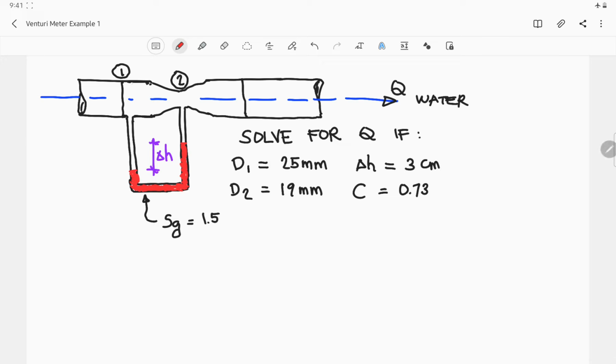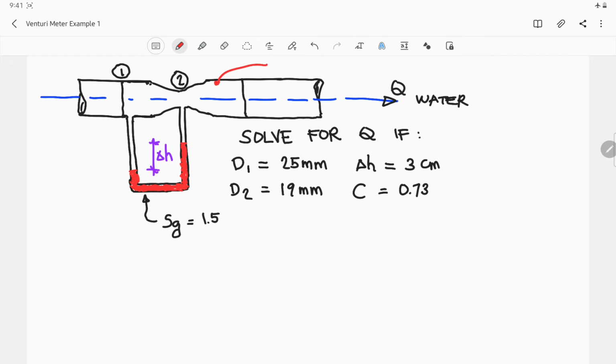So we have this Venturi meter. Since, in our previous discussion, if we have sudden contraction, we have head loss. So C considers all the losses that are occurring inside our instrument, our manometer.